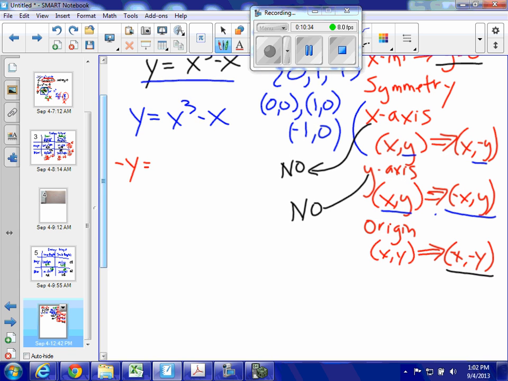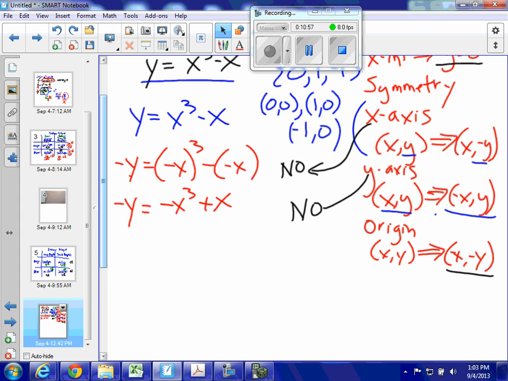Negative y equals, parentheses, negative x cubed minus negative x. So my y is negative and my x's are negative. Well, let's simplify it a little bit. Negative y equals negative x cubed plus x.